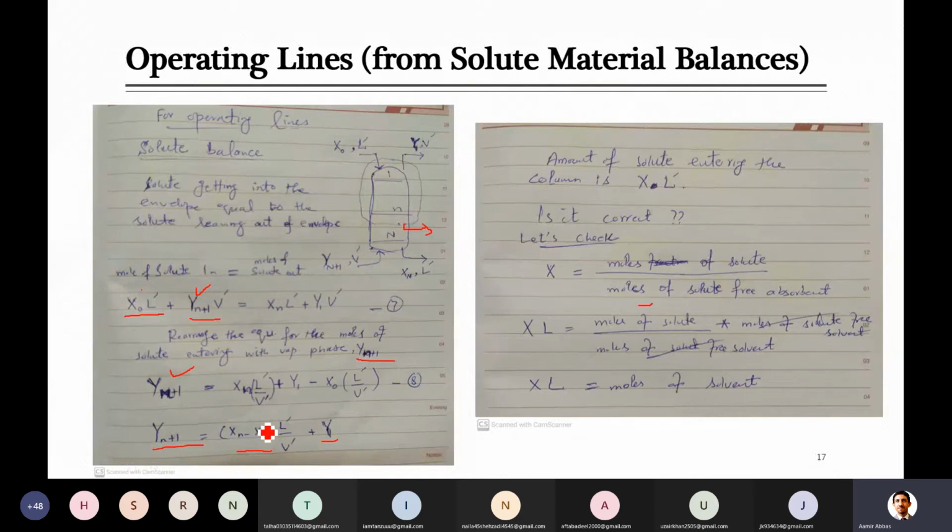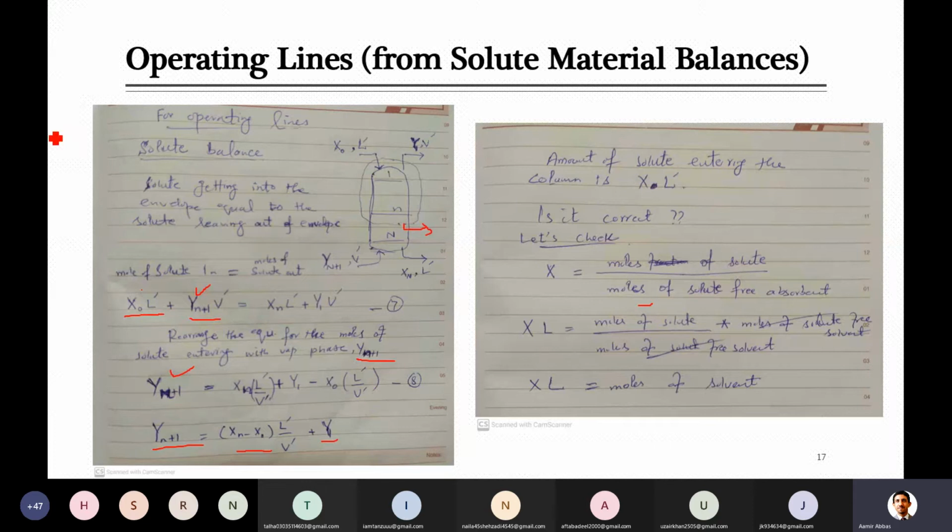So do you think this equation is somehow similar to the linear equation y is equal to mx plus c? Is it or not? Yes, sir, similar. So here, what is the value of slope? L' over V' is the slope.